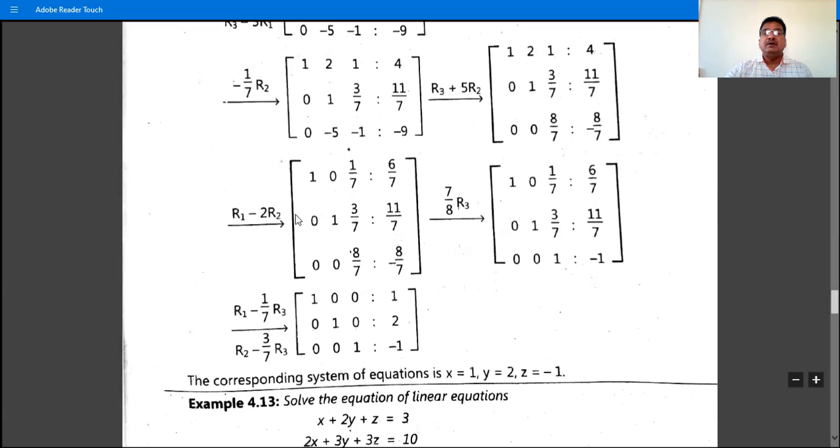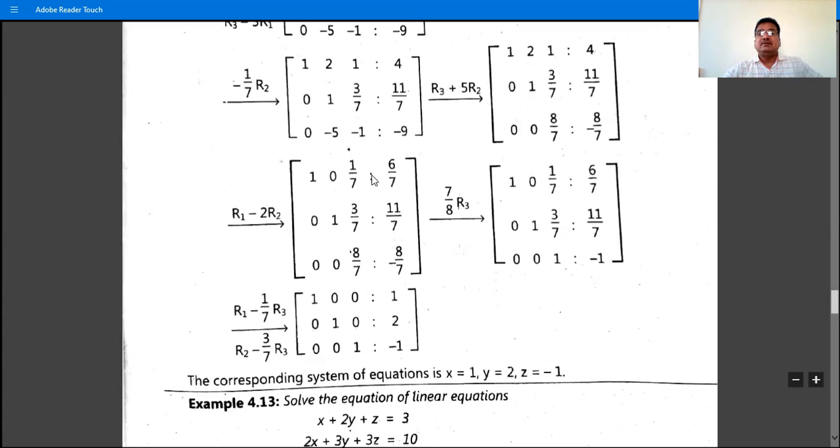So R1 minus 2R2. So we have 0 at this place, but minus 2 into 0 is 0. So plus 1 as it is. But this minus 2 plus 2 becomes 0. Then minus 2 into 3 by 7, minus 6 by 7 plus 1, is 3 by 7.